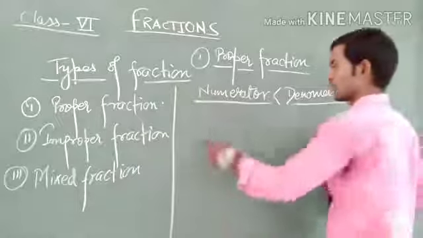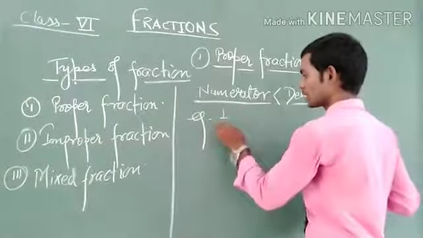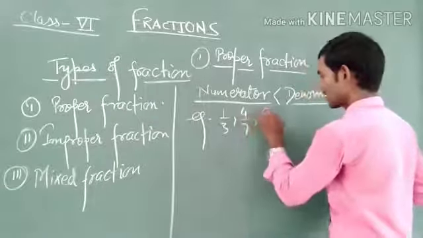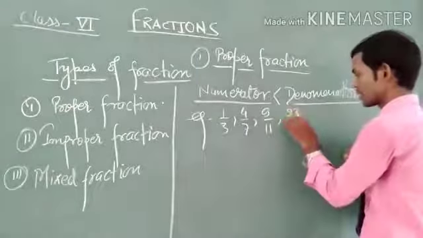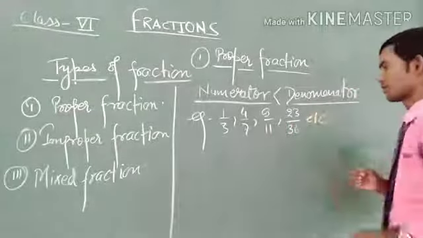And here the examples are 1 by 3, 4 upon 7, 9 by 11, 23 by 36 and so on.